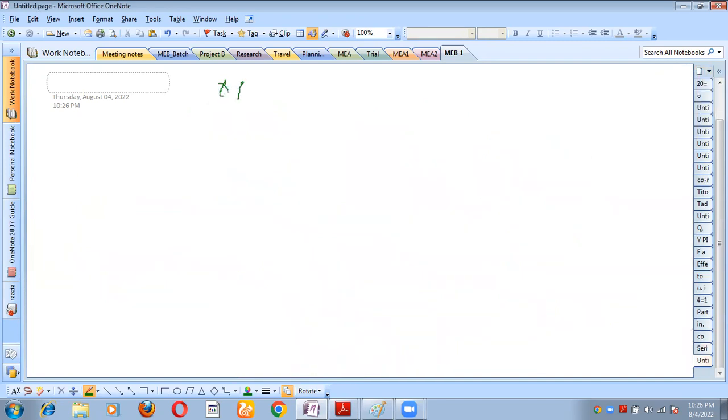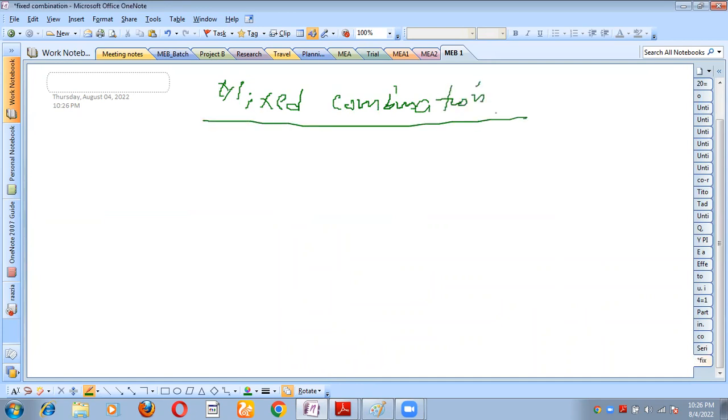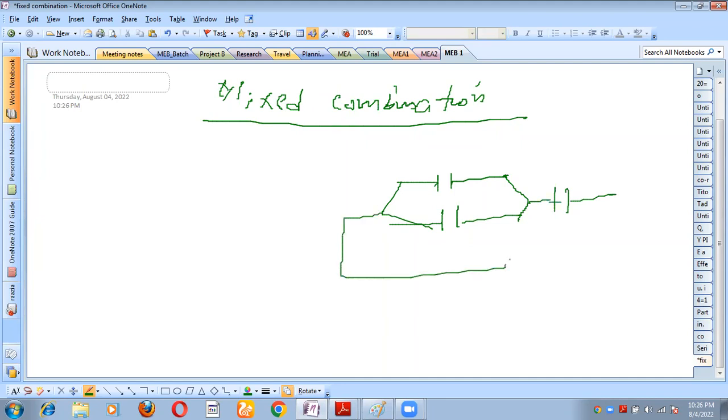And the next thing is mixed combination. That is very important. What will happen? We may have both combinations together, for example, suppose capacitors are connected like this. This is basically not a new combination, just series and parallel together, but we call it mixed combination.